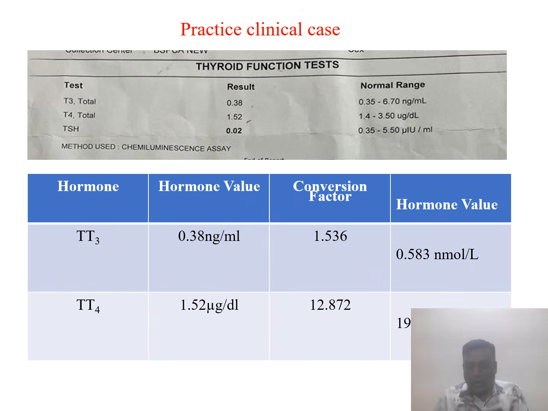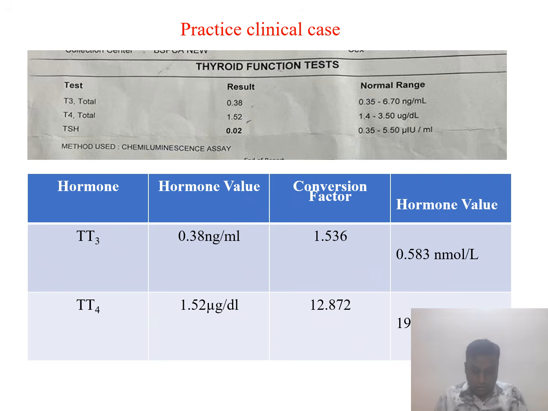So we need to convert it by using the conversion factor, which is 12.872. Simply we will do the calculation. Just open your calculator. Do 0.38 multiplied by 1.536. The value is 0.583. Okay.